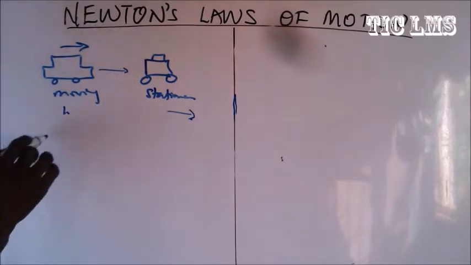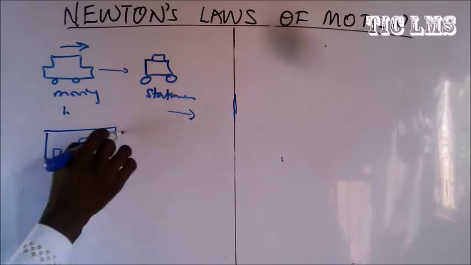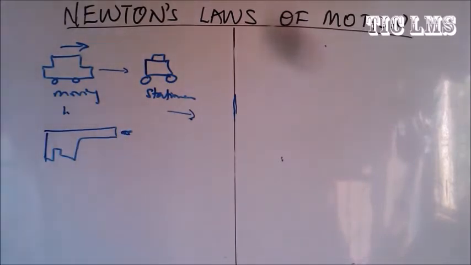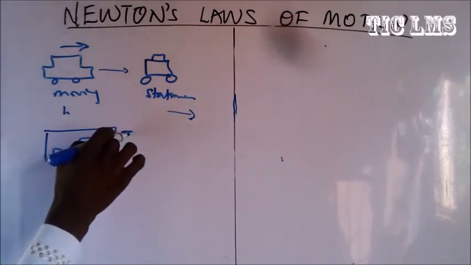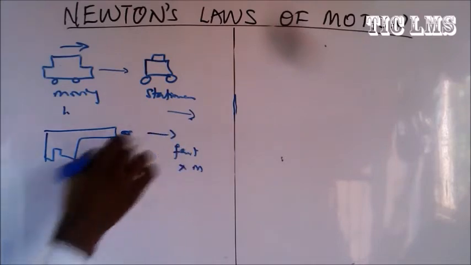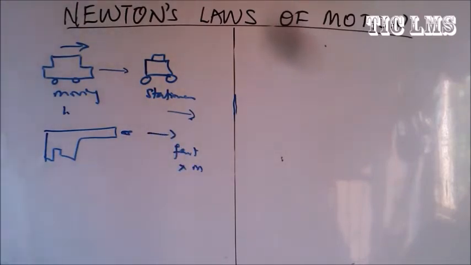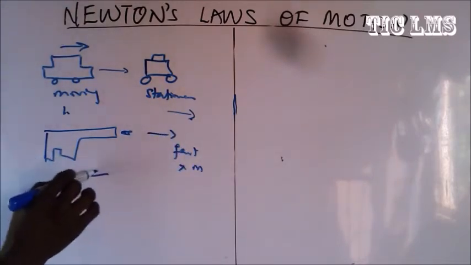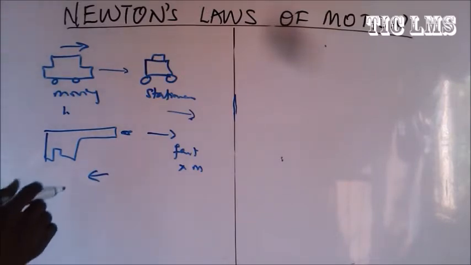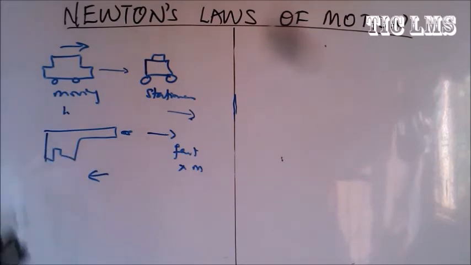Another example is when you have a gun which is fired. As the gun is fired, the bullet moves at a very fast speed based on the mass of the bullet. Likewise, there's a recoil velocity on the gun which is felt on the hand of the holder of the gun.